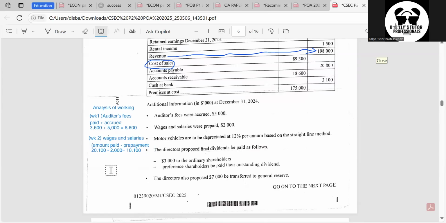Then we have to calculate depreciation. Depreciation is 12% per annum using the straight line method. Whenever they give us depreciation to calculate using the straight line method, and it's a percentage, we just need to take a percentage of the cost of the asset. Work 3, depreciation, and it's going to be the cost of the asset multiplied by the depreciation rate.